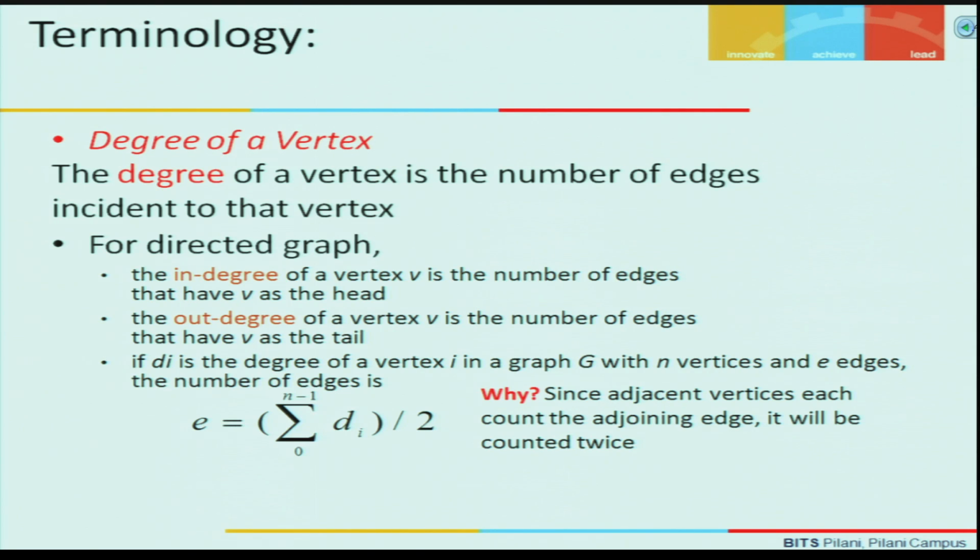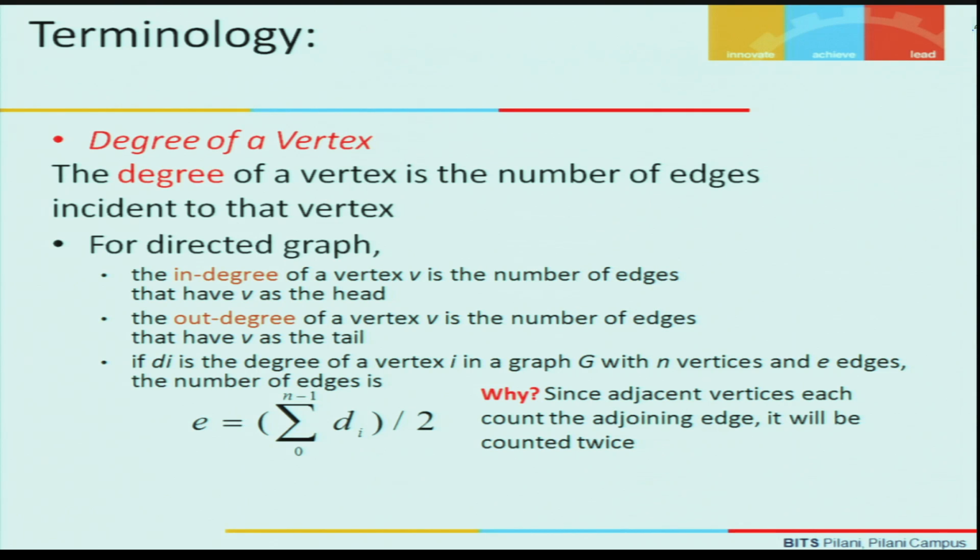In degree, as it means in English, is the number of edges that have V as the head, or which are directly going into V. Out degree is the number of edges which are directed outside V or away from V, or which have V as the tail. So, in an undirected graph, it is just the number of edges that are incident on V. For a directed graph, we have in degree and out degree, and your degree is the sum of the in degree and the out degree.